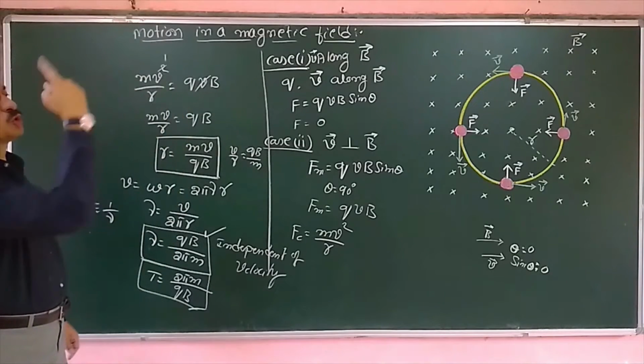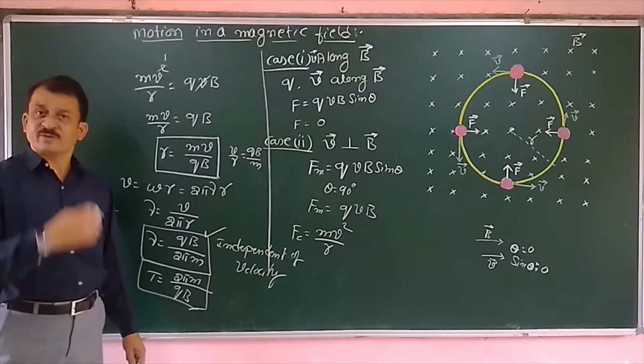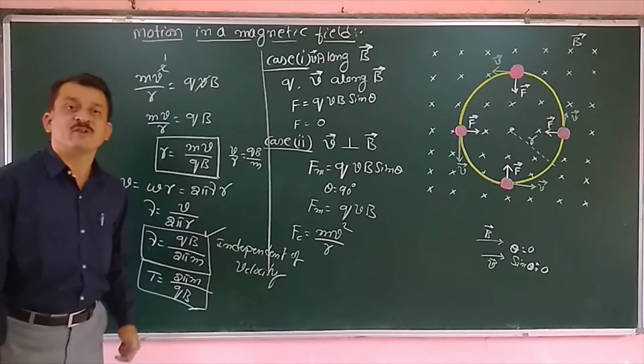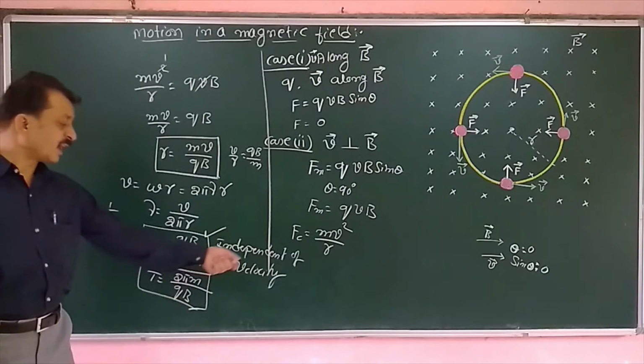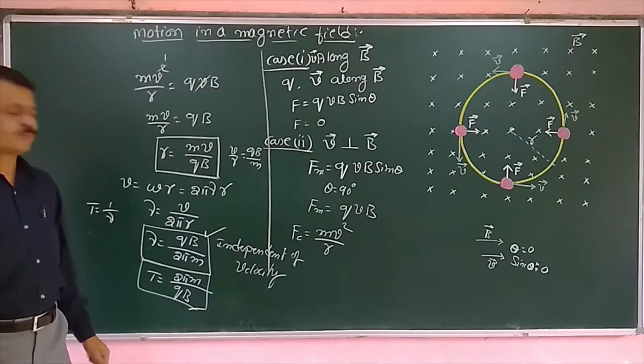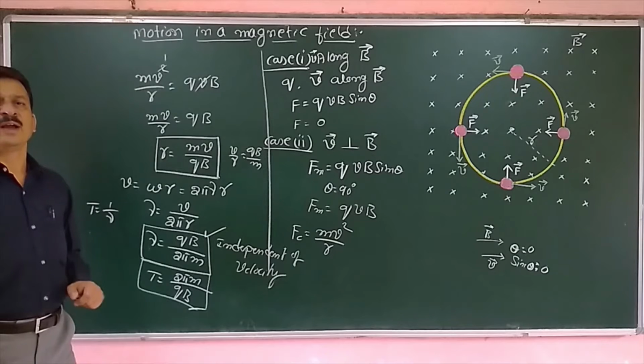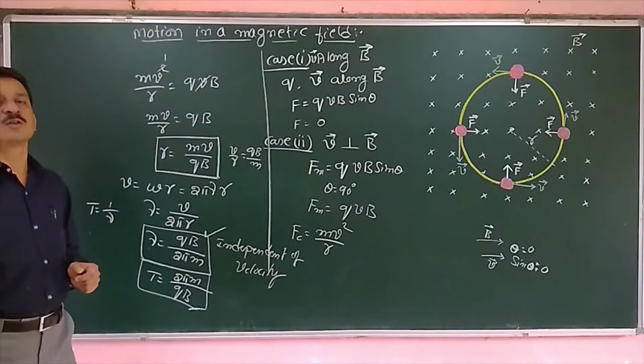The frequency of revolution of the charged particle in the presence of a magnetic field is independent of velocity or the energy of the particle, and this is taken as the principle of a device called cyclotron.